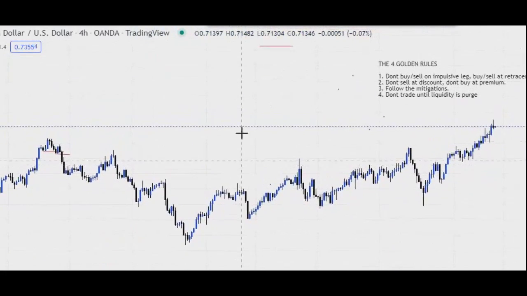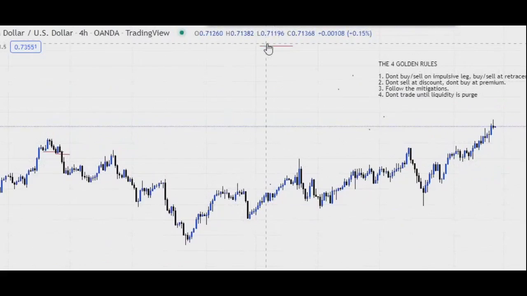Let's play price for us to see what is actually going on. Just a minute, guys.